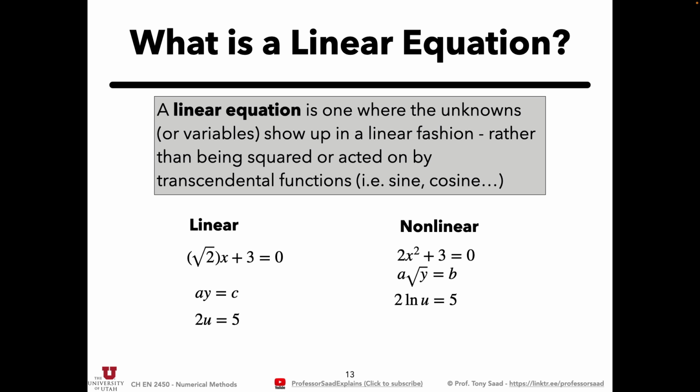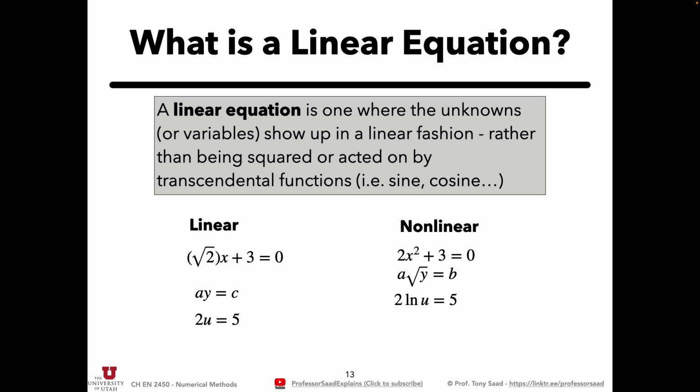So a linear equation is one where, this is kind of the technical definition, the unknowns or the variables show up in a linear fashion rather than being squared or acted upon by transcendental functions. Okay? For example, when you're looking here, if x is my unknown, it shows up linearly in the equation.